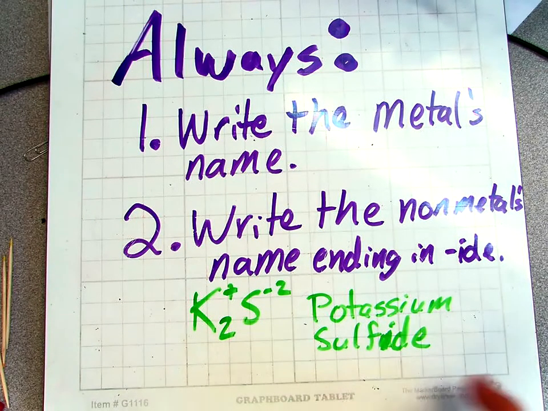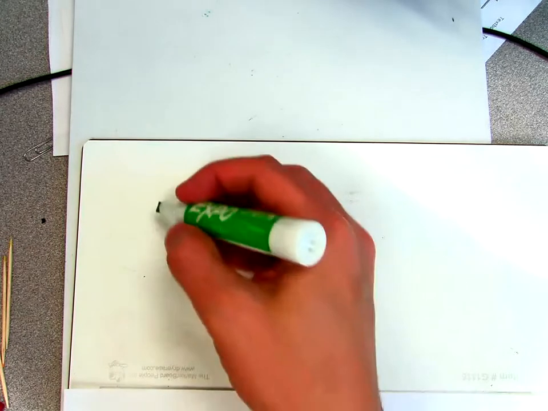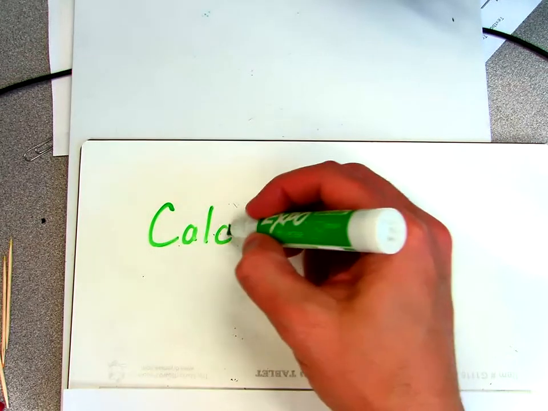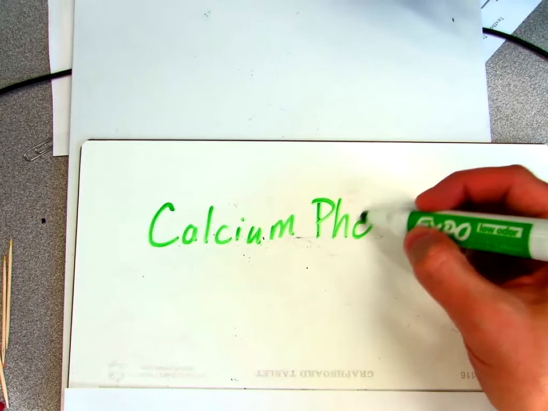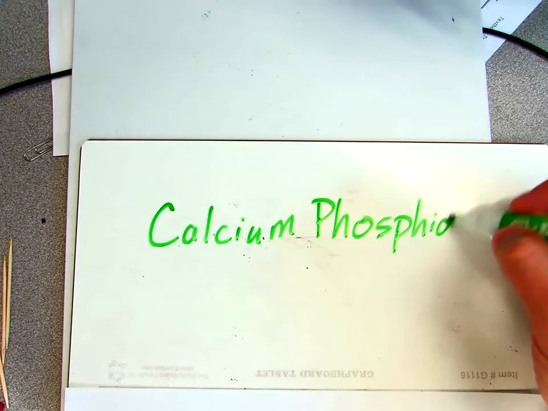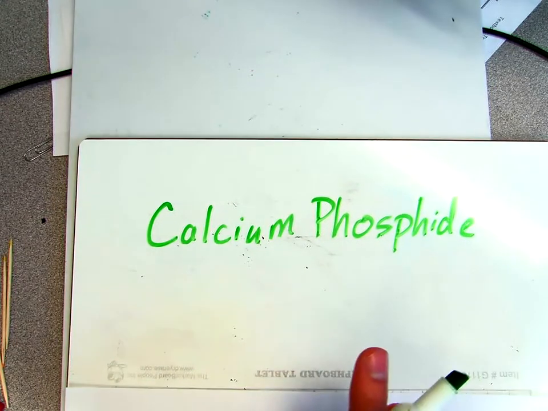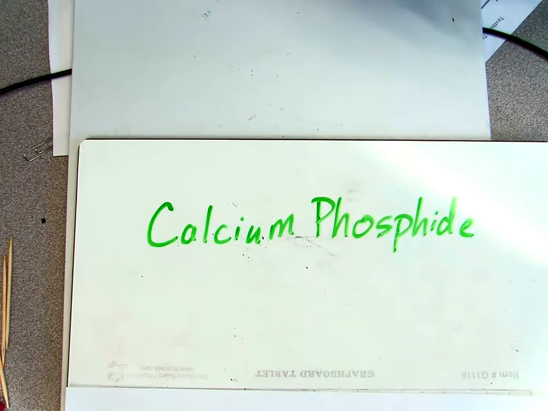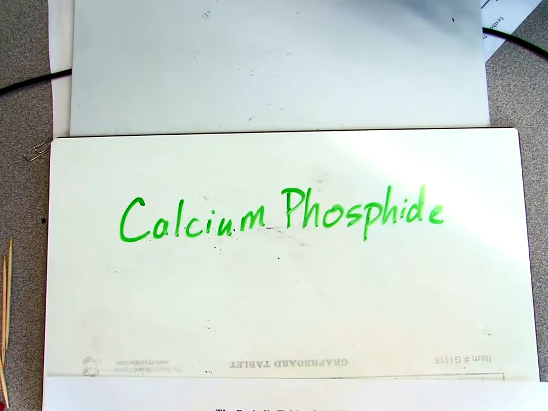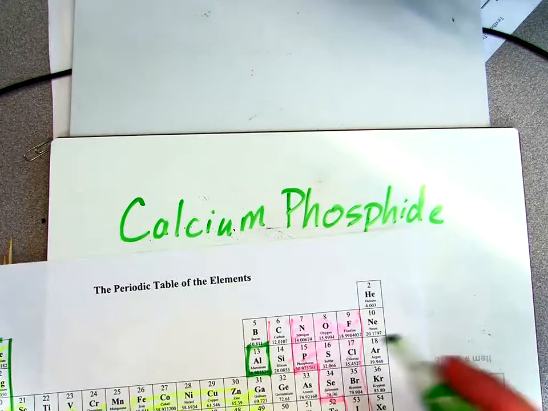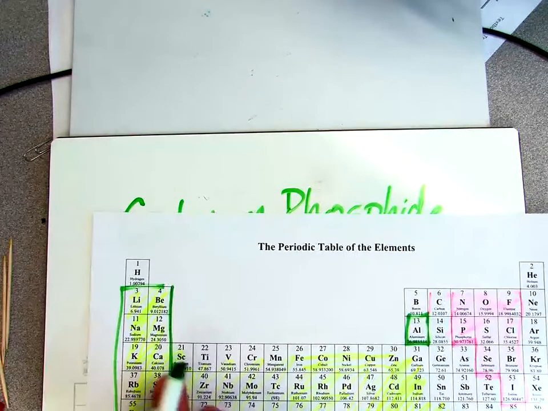It's a lot harder to go the other way. So if we're starting with the things named, so if we do, for instance, calcium phosphide, if you're given that and you have to come up with a formula, there's only one formula that's calcium phosphide. So to do that, you look for where calcium is.